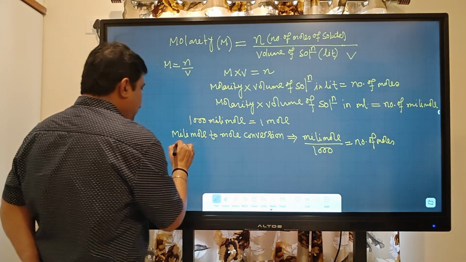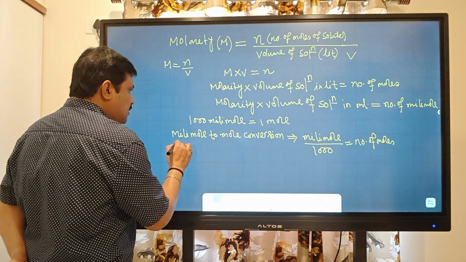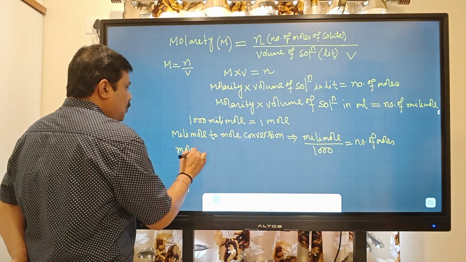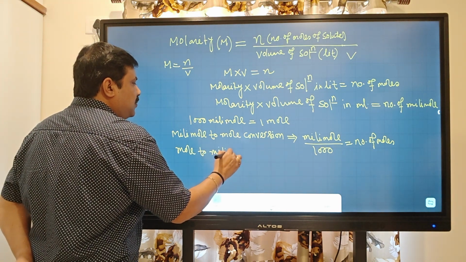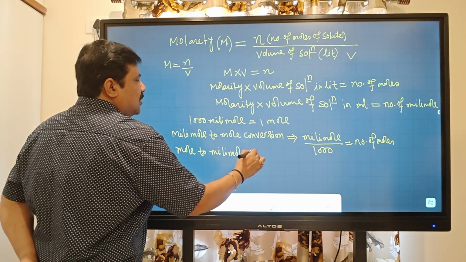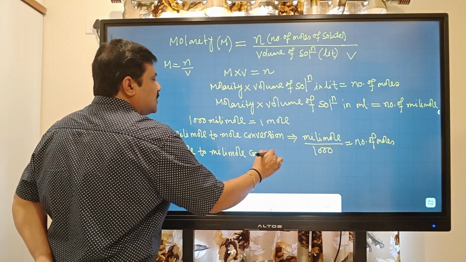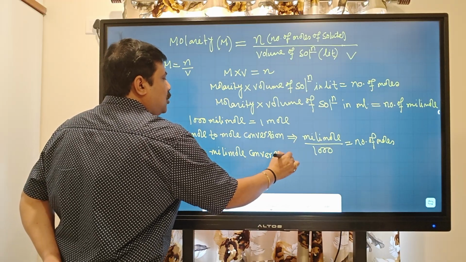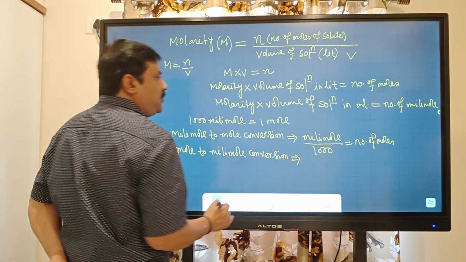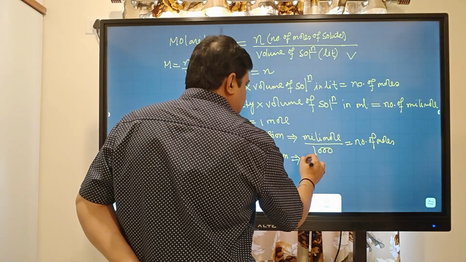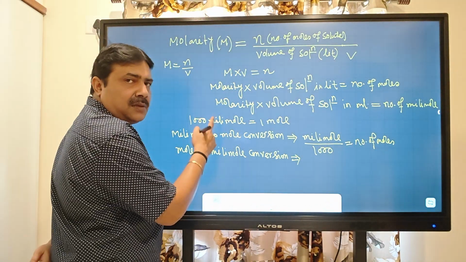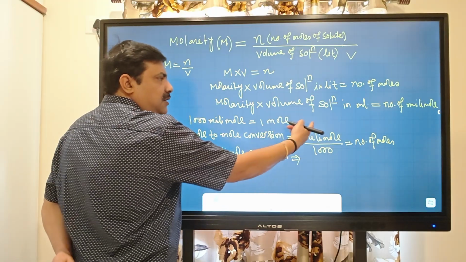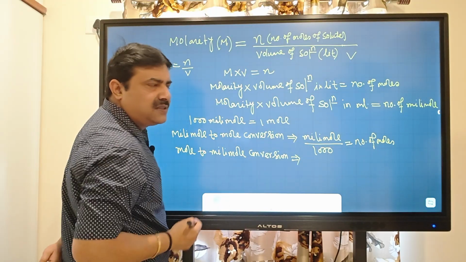And same way, mole to millimole conversion. In this one we discussed millimole to mole conversion: whatever millimole is there, divided by 1000, is the number of moles.